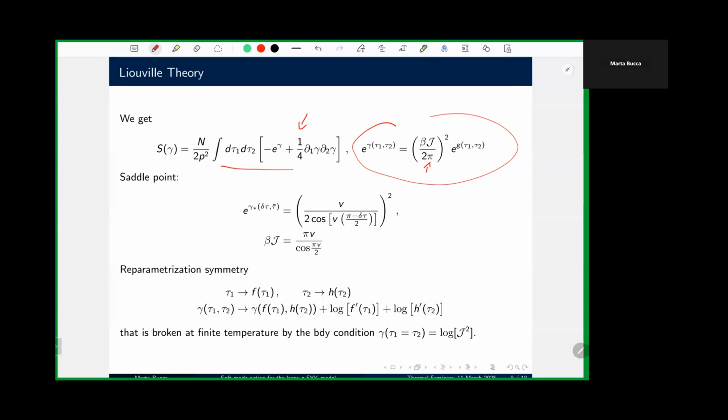Now, as I mentioned before, we can set beta to be equal to 2 pi and then reintroduce it into the theory at a later point with dimensional analysis.